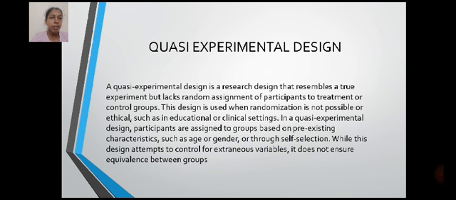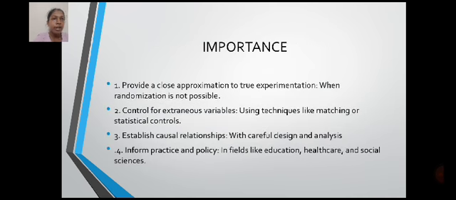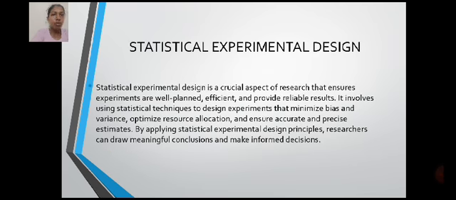In a quasi-experimental design, participants are assigned to groups based on pre-existing characteristics. The importance of this experiment is providing a close approximation to the true experiment and control of extraneous variables, and establishing causal relationships and informing practice and policy in education, healthcare, and social science.